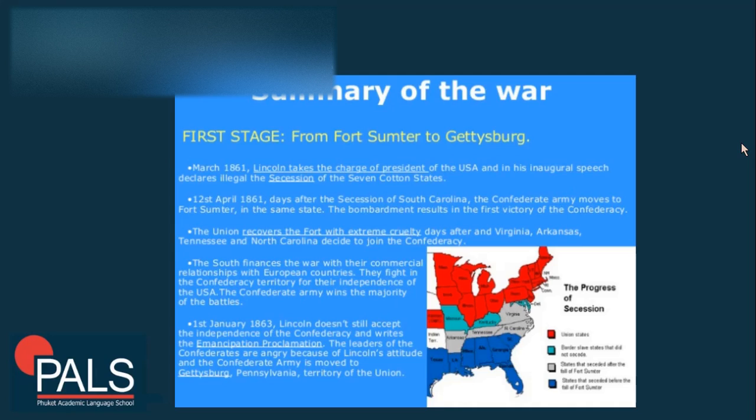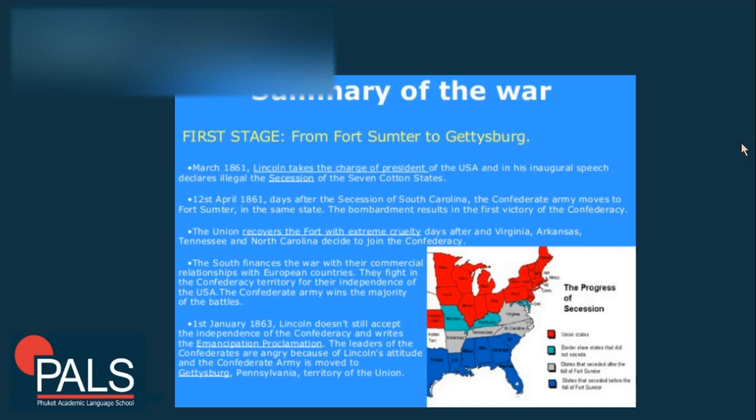The bombardment resulted in the first victory of the Confederacy. The Union recovers the fort with extreme cruelty days after, and Virginia, Arkansas, Tennessee, and North Carolina decided to join the Confederacy. The South finances the war with their commercial relationships with European countries.